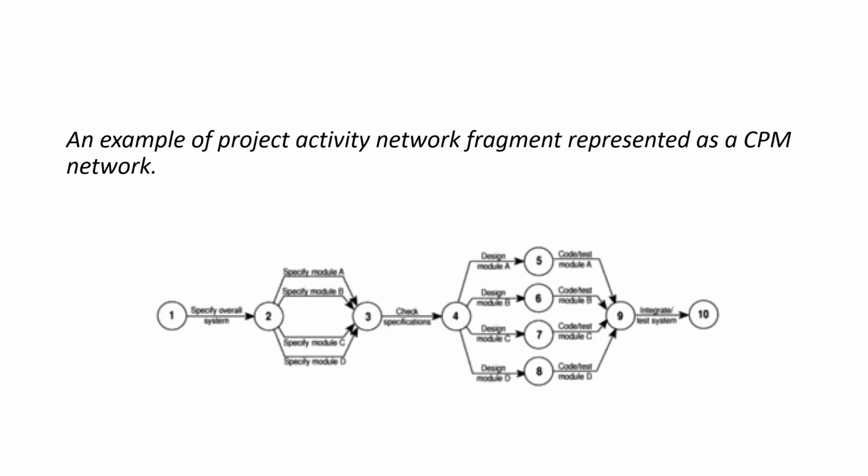An example of a project activity network, a part of a project activity network, a fragment, is represented as a CPM network here. In the network diagram, we can see a set of nodes, and they are numbered.